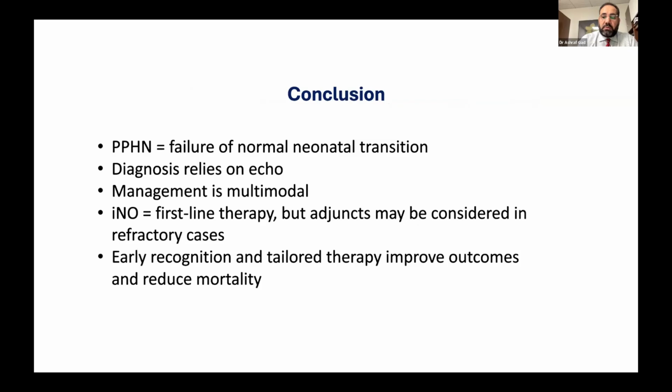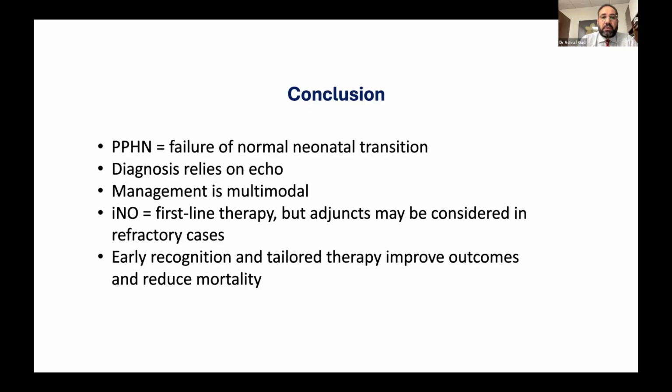This is the conclusion of my talk, and I want to emphasize that PPHN is a failure of normal transition, and it's a very challenging condition. Echo has a major role in diagnosing these conditions, and not only one echo, but serial echoes to understand what's going on, especially the cardiac function, how it responds to the medical treatment, and to orchestrate further escalation of the management.